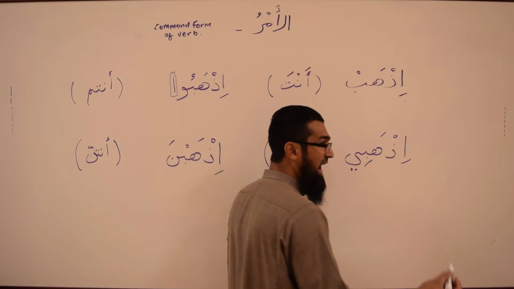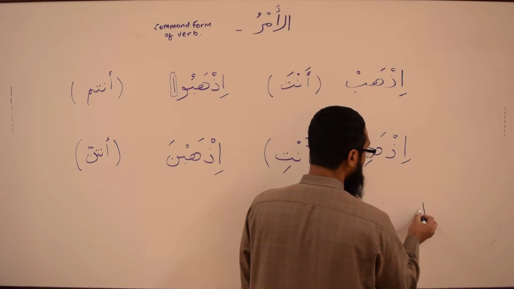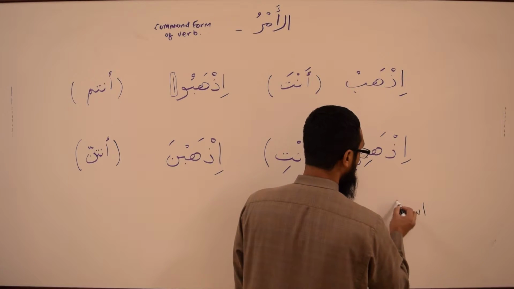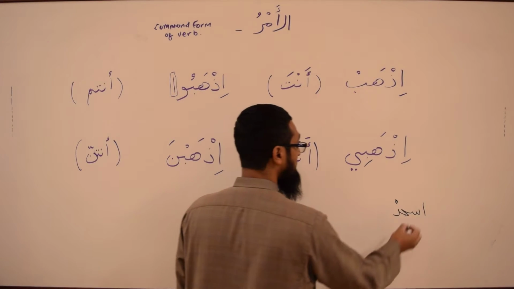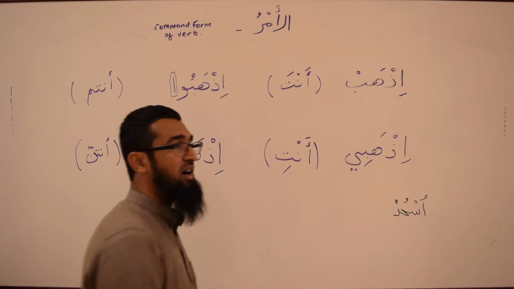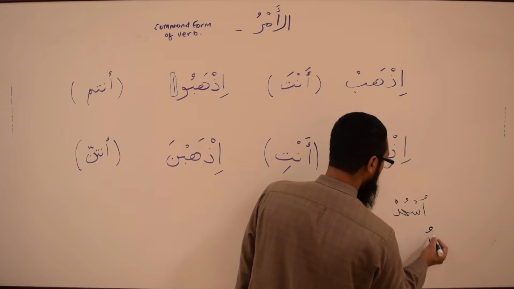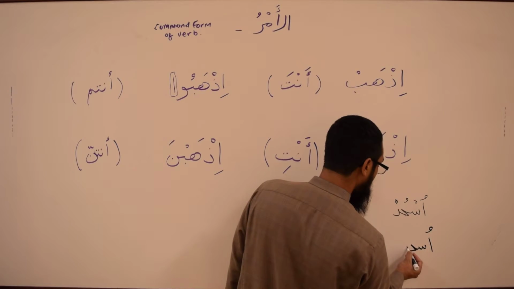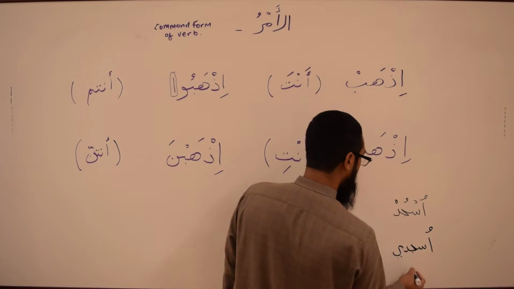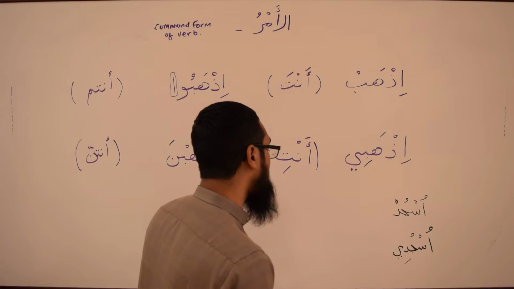If you're commanding Ahmad, you're saying Ahmad, usjud lillah, prostrate to Allah, you would say usjud. If you're commanding Fatima, you would say usjudi. Okay, usjudi ya Fatima lillah, prostrate to Allah.